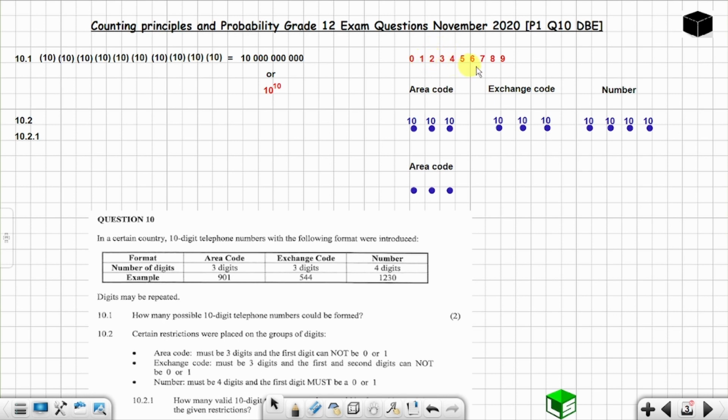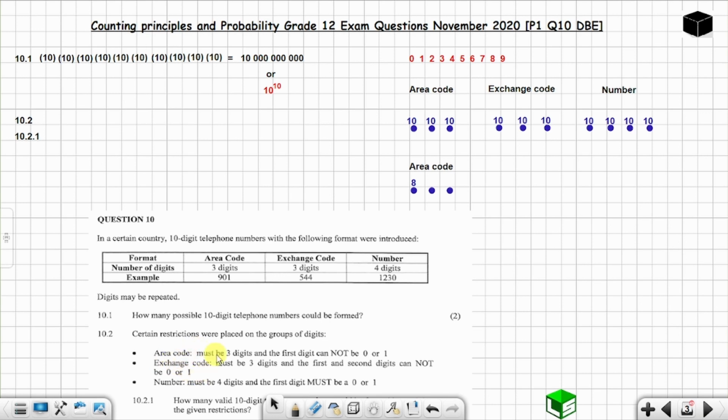So you are going to be left with 8 options: 1, 2, 3, 4, 5, 6, 7, 8. 8 options for the first digit when you exclude 0 and 1.